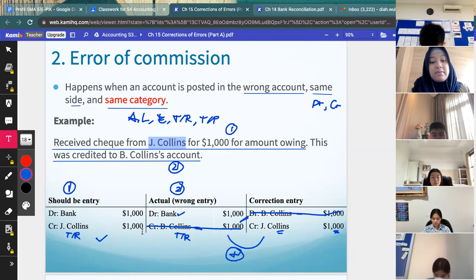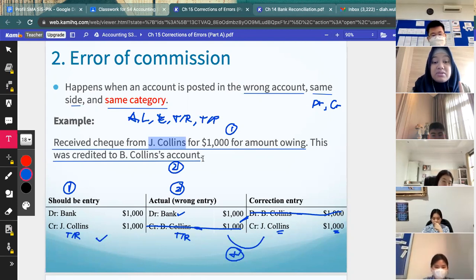Okay. Now, this was credited to B. Collins' account. The second transaction is where you made the mistake, the actual transaction that happened in your book. Now, this was credited to B. Collins. It doesn't say anything about the debit balance.